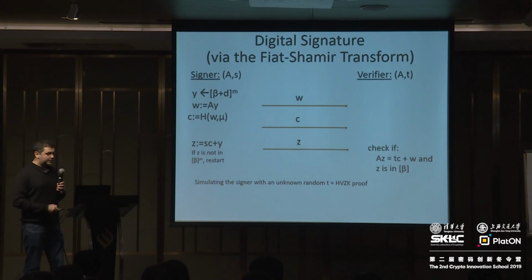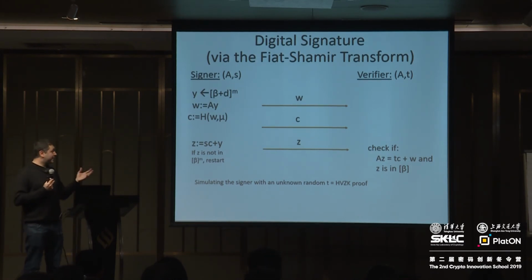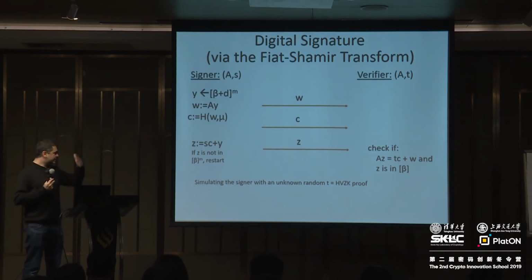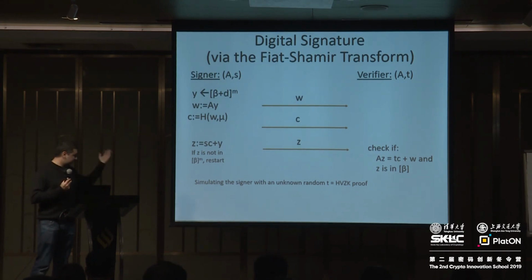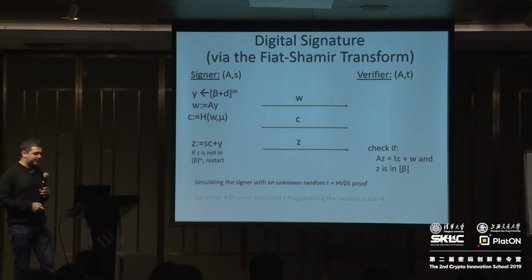Now, to prove zero knowledge, to simulate the signer with a random T, you can do it on this verifier zero knowledge proof. If you recall how we did the simulation, we never knew S, so for any T, you can do a simulation. Same here, with a random T for an unknown S, this is our usual honest verifier zero knowledge proof.